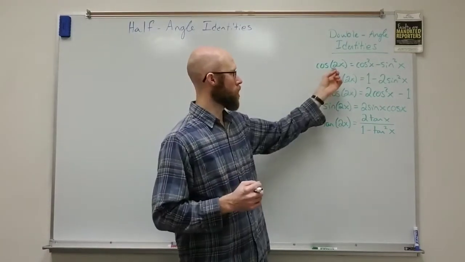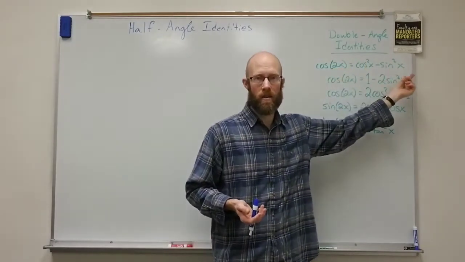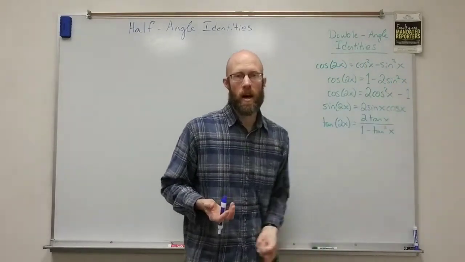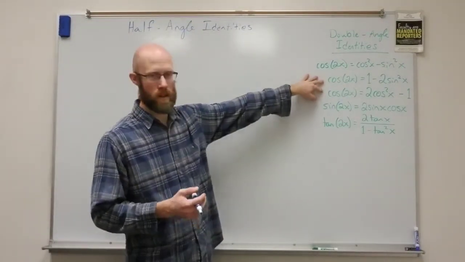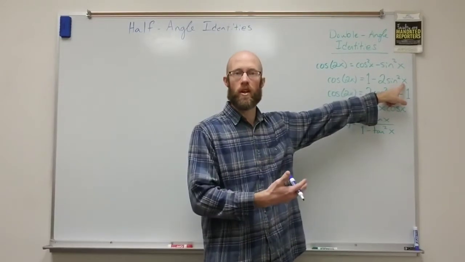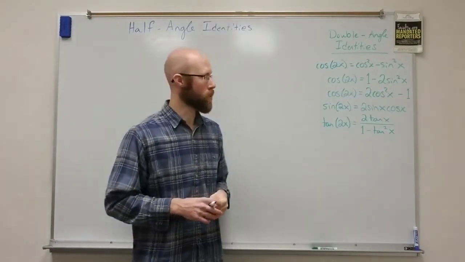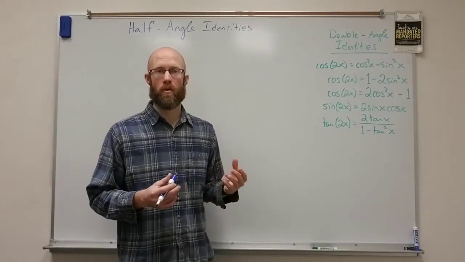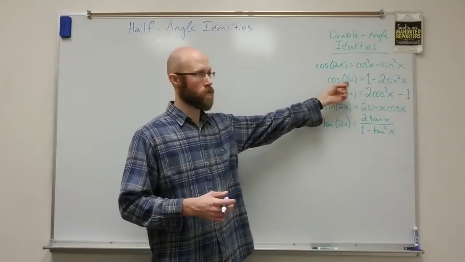So you would start with the larger angle and cut it in half, find the other angles, right? And so what we're going to actually do is take a couple of these formulas and solve for the trig function with the smaller angle, okay? And then we'll be able to come up with formulas for the smaller angle rather than for the bigger angle.